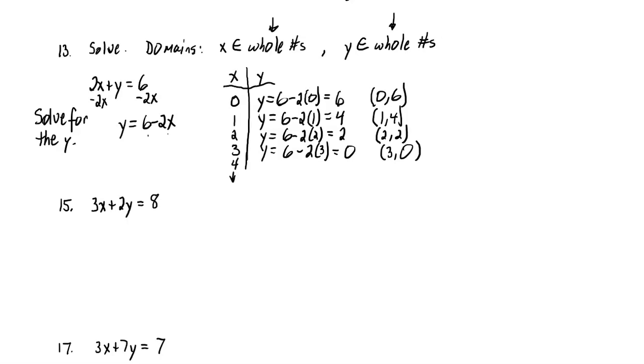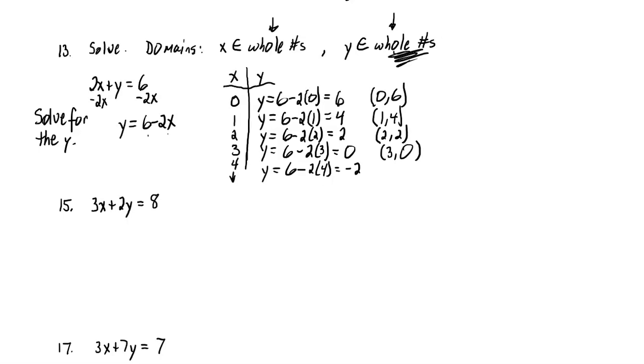Now, what if x was 4? What's going to happen? We'll have 6 take away 2 times 4. What does that make? 2 times 4 is 8. 6 take away 8 is -2. That's not a whole number. So we don't want to include 4, -2 as a solution because it doesn't create a number that's in the domain for y.